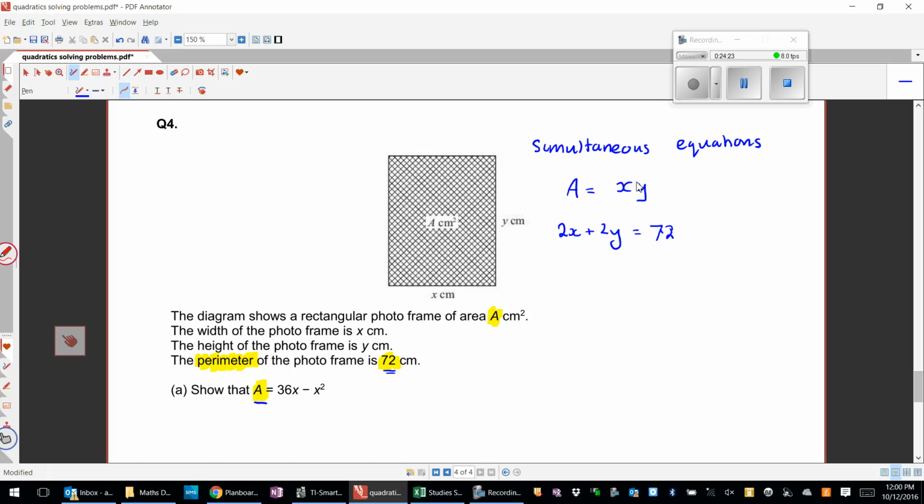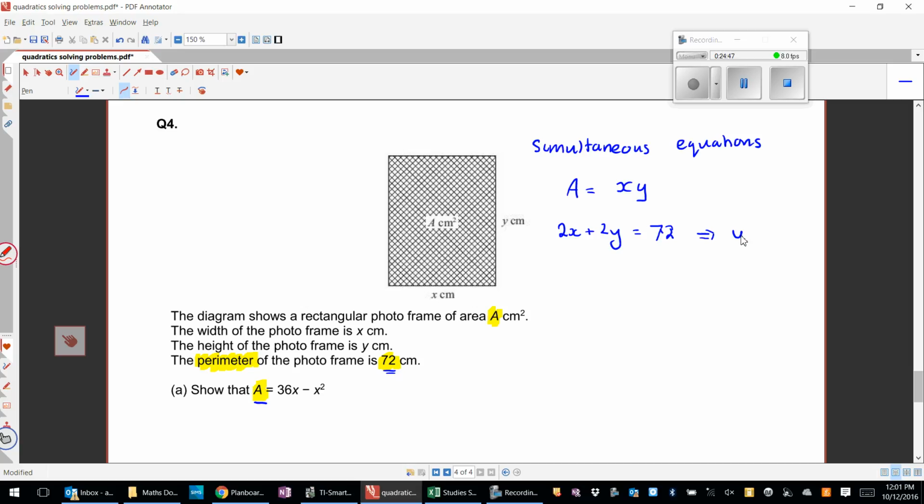So what I do is I rearrange the one that I'm using so that I've got something for y. So this one has to be rearranged so that it's y equals.